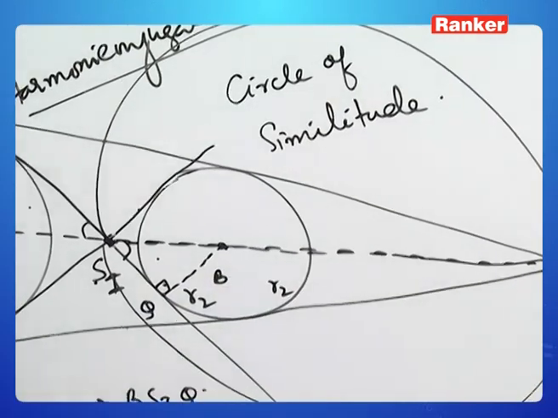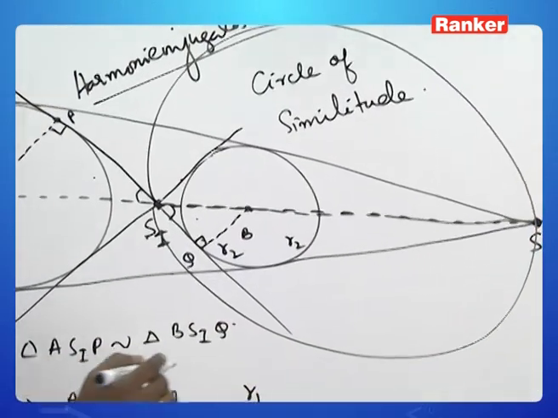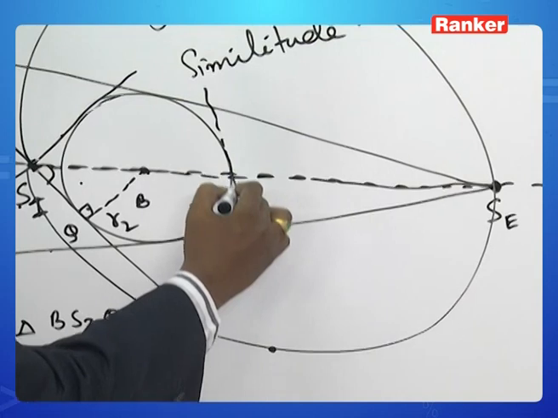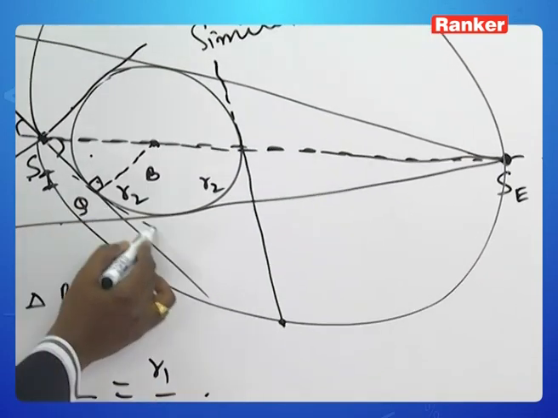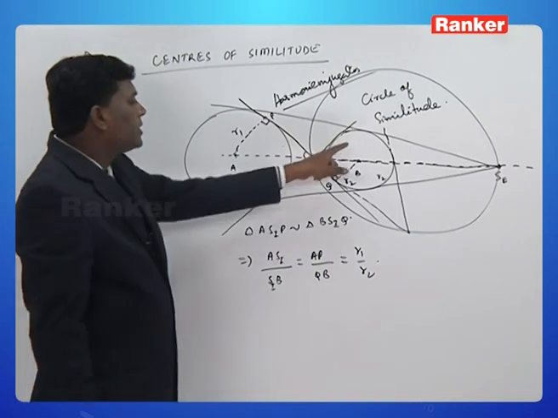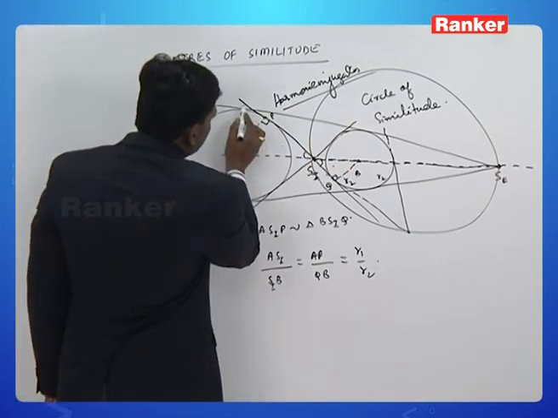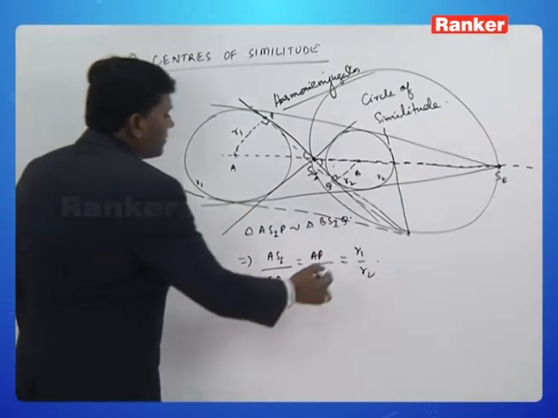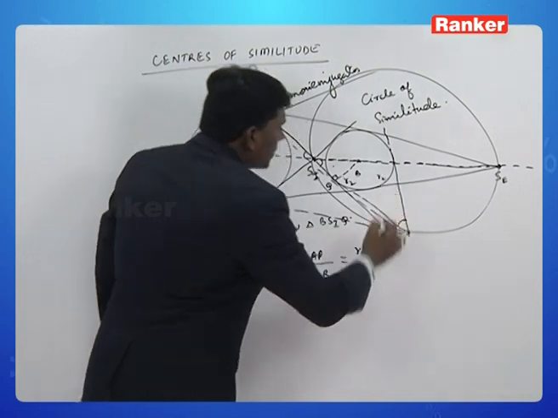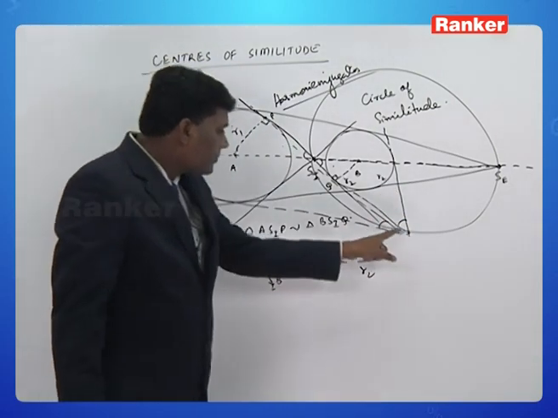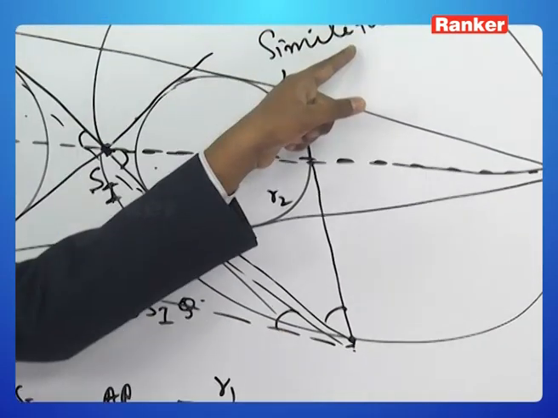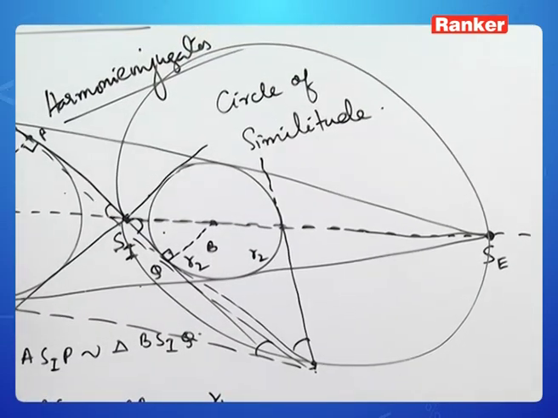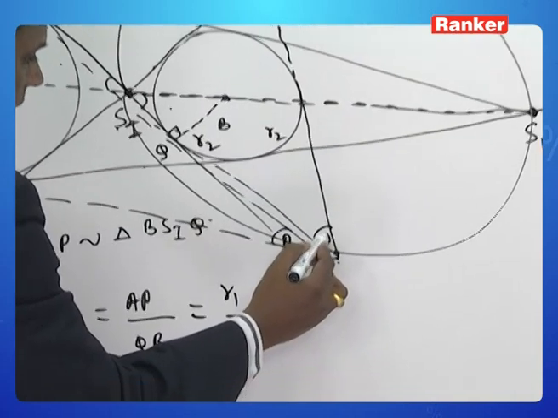We can also find one more important geometrical property related to this circle of similitude: at any point on this, the angles made by the given two circles at this point will always be equal. It means that from any point on the circumference of the circle of similitude, if you draw pairs of tangents to the first circle as well as the second circle, they make equal angles.